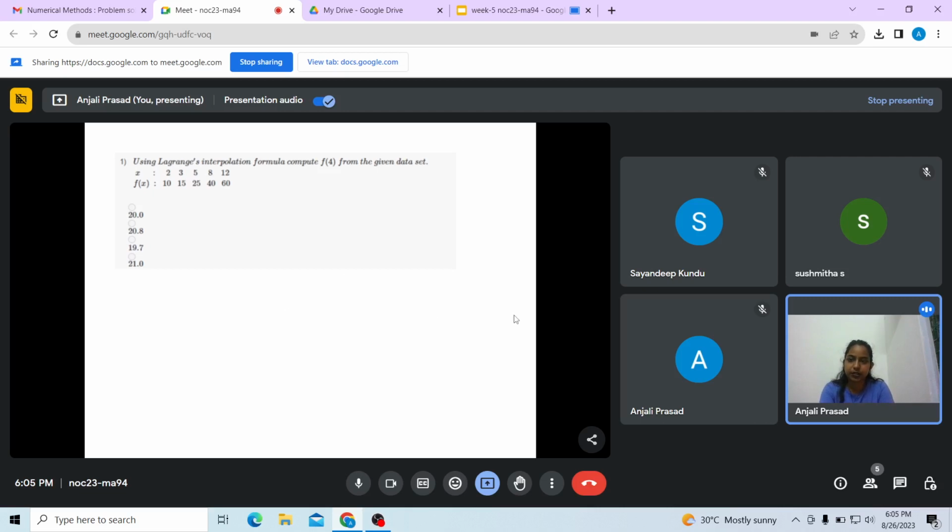While substituting the values in the formula, in place of x, simply put 4. So you will get the formula.